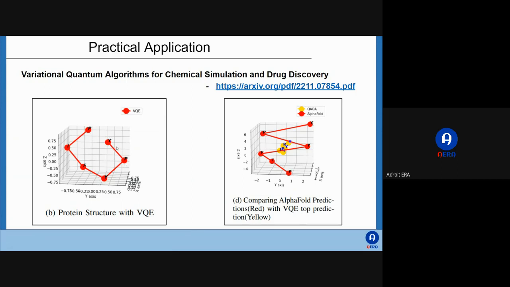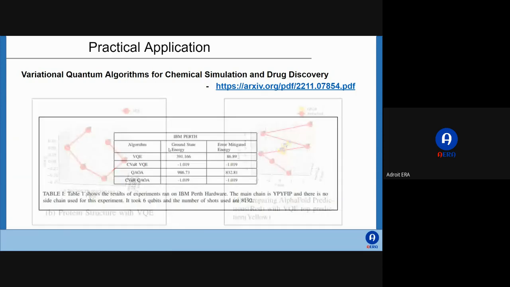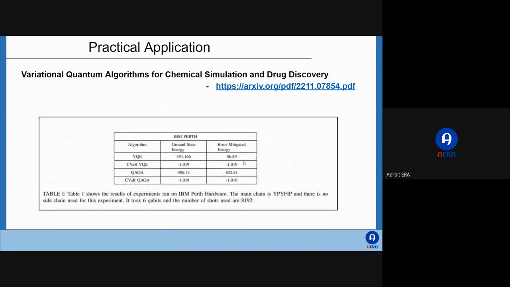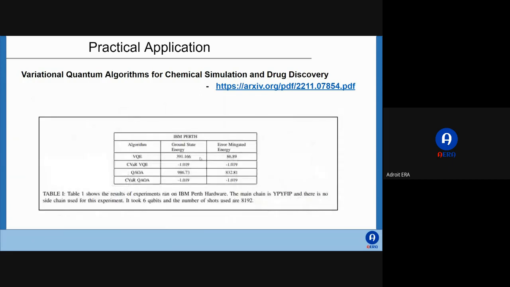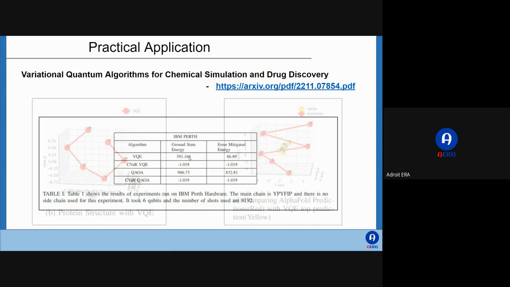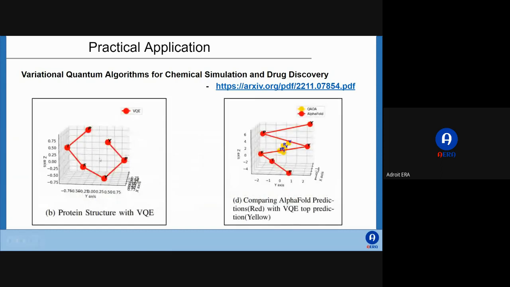This is the structure that we got with the help of VQE, using this energy, 86.89 or 319.16. And then we plotted the molecules onto the graph and connected them, and then we compared our results with AlphaFold.